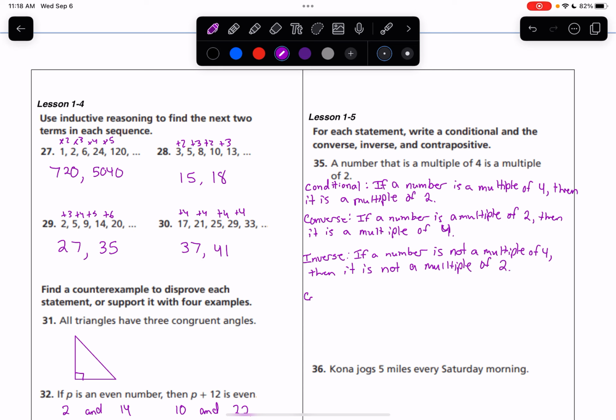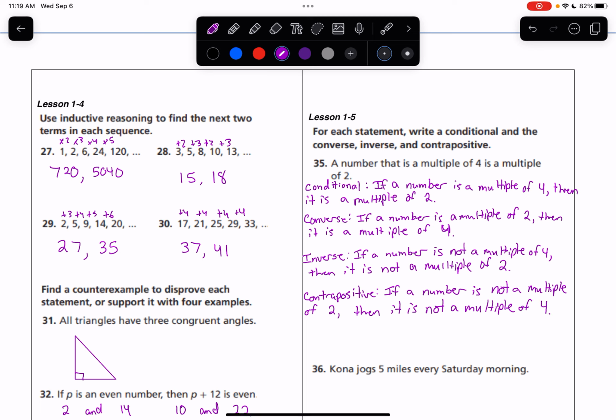And then finally, the contrapositive, where we switch the hypothesis and conclusion and negate them both. If a number is not a multiple of 2, then it is not a multiple of 4, which of course has the same truth value as the conditional, so that one is true.